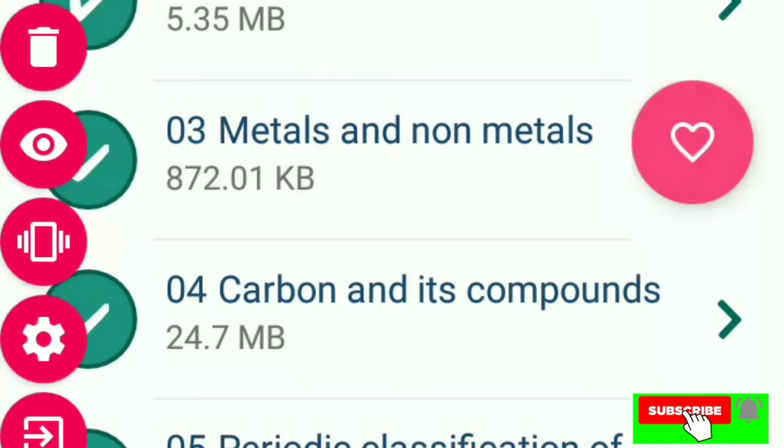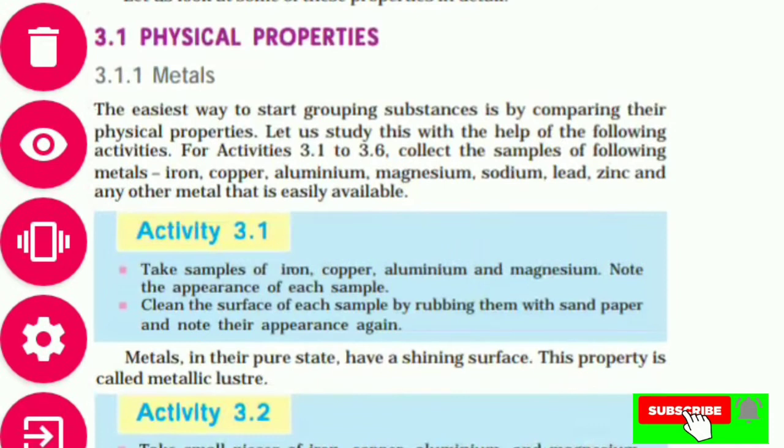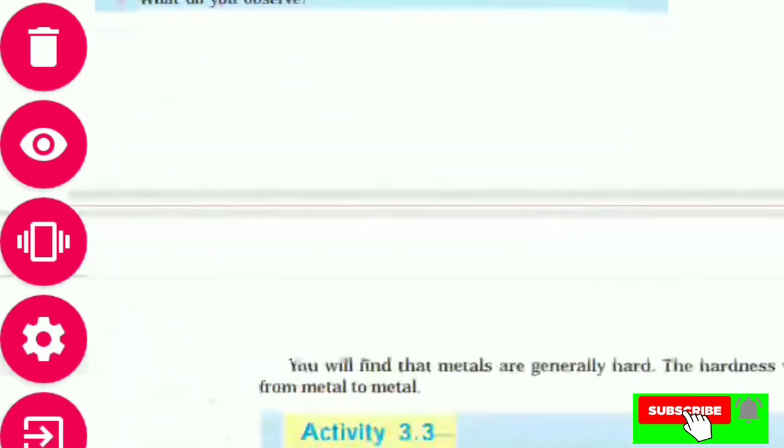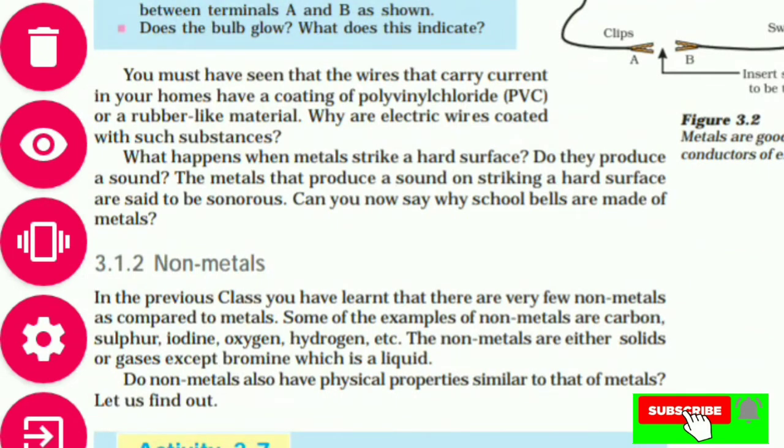This is the metals chapter. In this chapter we study metals and non-metals. What are the properties of metals, and what are the properties of non-metals?